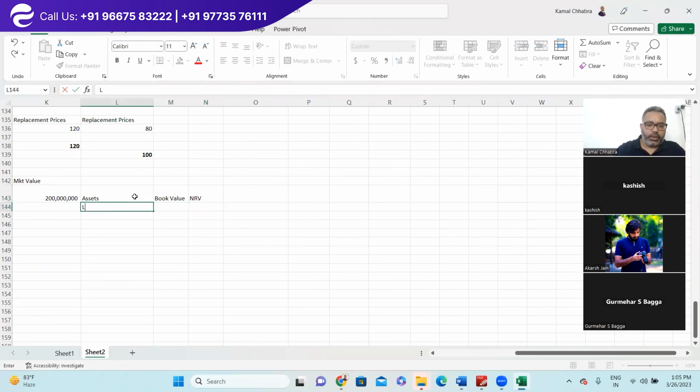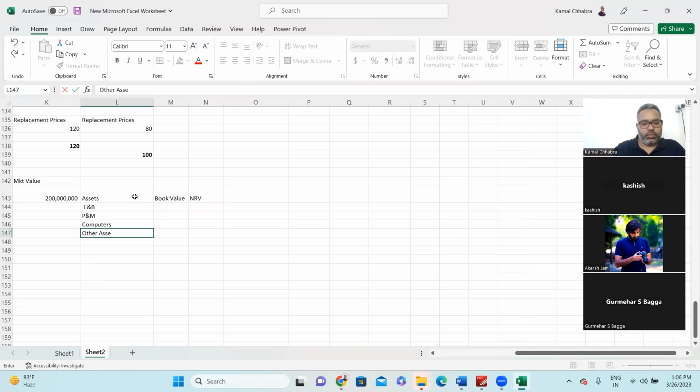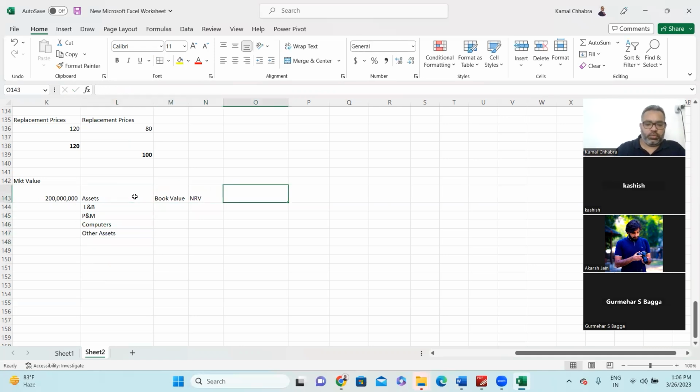Let's say you have land and building, plant and machinery, and then you have computers, and you have other assets. Let's assume these are the assets, and on the liability and equity side, you have accruals, loans.